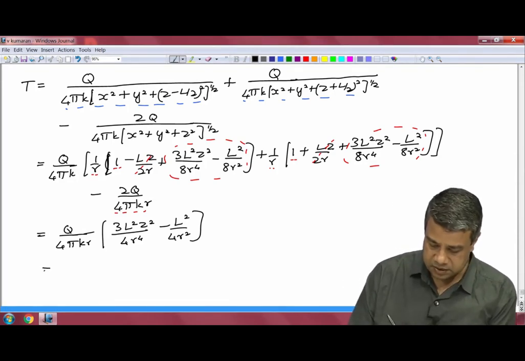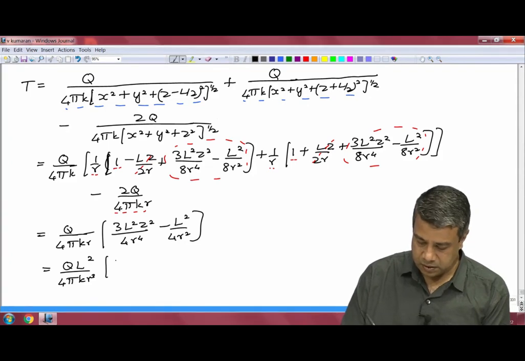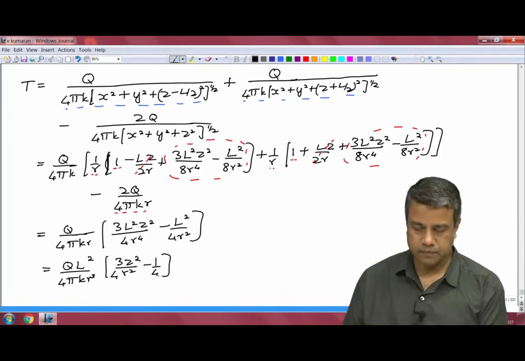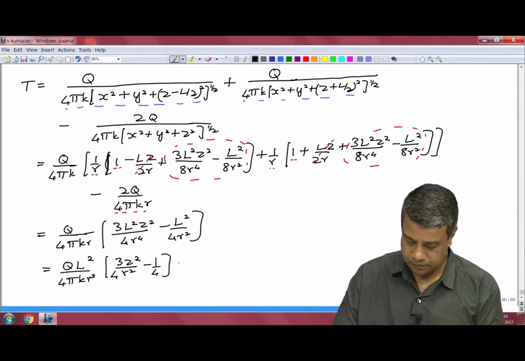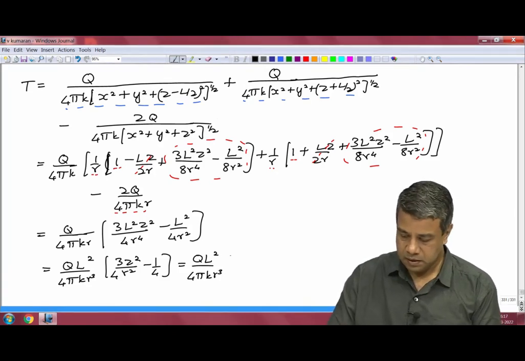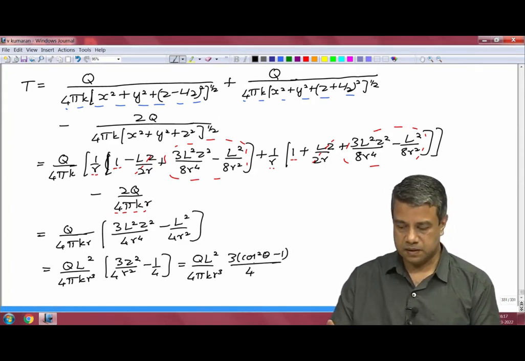And I can also write this as q L square by 4 pi k r cubed into 3 z square by r square minus 1. That is 3 cos square theta minus 1 by 4, because z is equal to r cos theta.